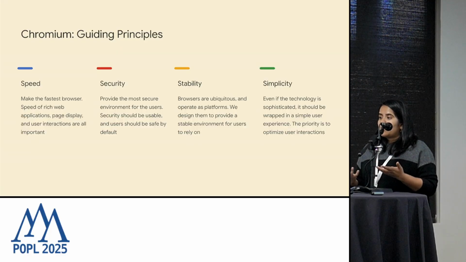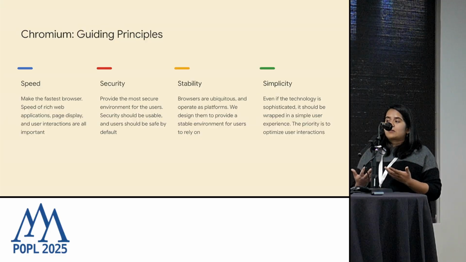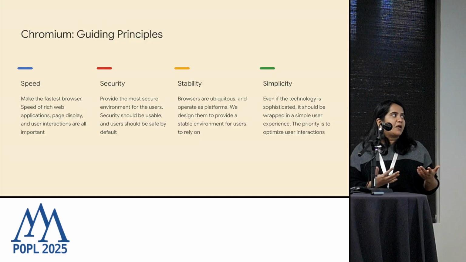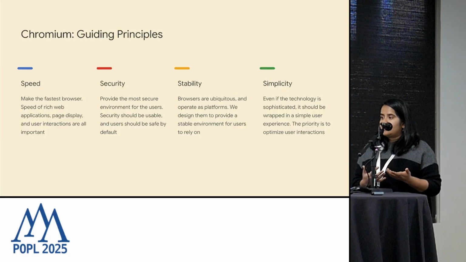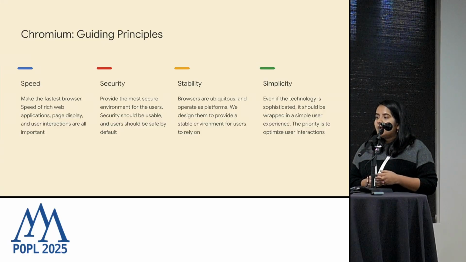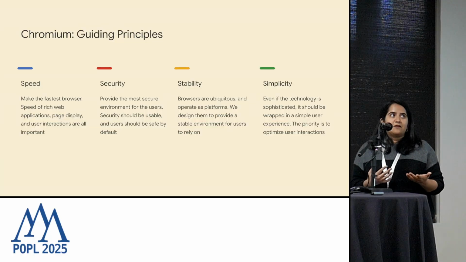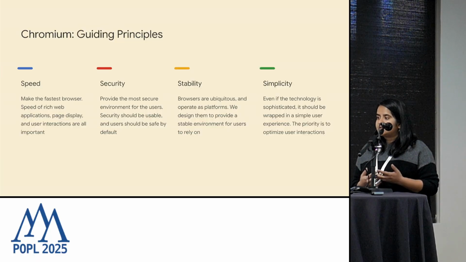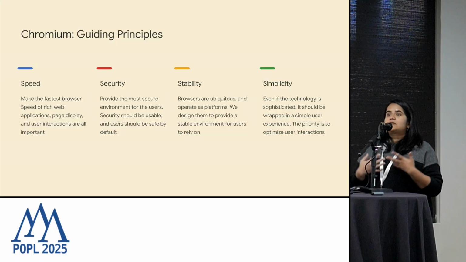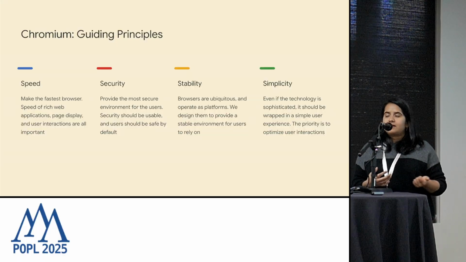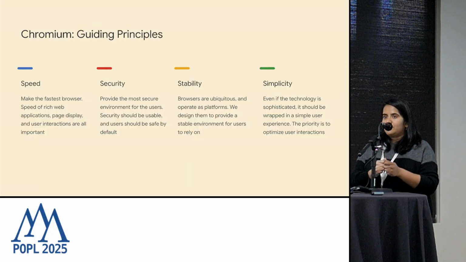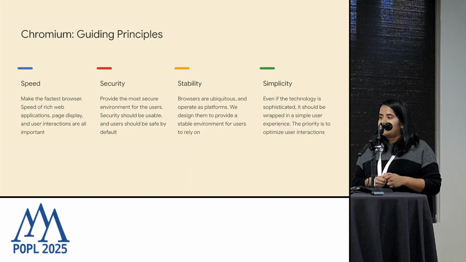The speed of page display is also quite important to us, which is why we have our own rendering engine, Blink. We also pay attention to the speed of user interactions, from starting the browser to common tasks like clicking a button, and just minimizing the lag everywhere.